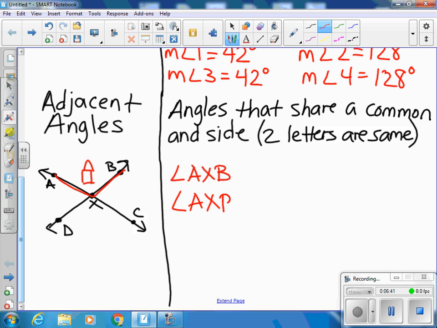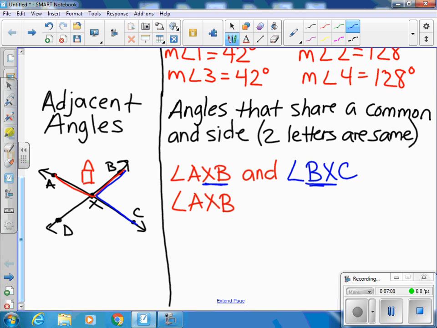The first one we want to list is its first neighbor, which we'll designate this side over here as its next door neighbor. So that's BXC. Remember, X always has to be in the middle. So angle BXC. And I told you that adjacent angles always had to have two letters the same. If you notice, AXB has the XB, BXC has the BX. Those are the same two letters. That's how you know you're going to have adjacent angles.